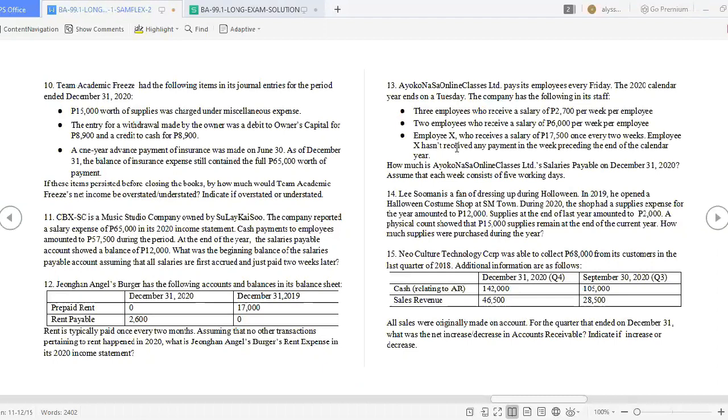So we divide it by 5 since we have 5 working days. And we multiply it by the number of days they were able to work but was not paid. So that's 2 days for the Monday and the Tuesday.